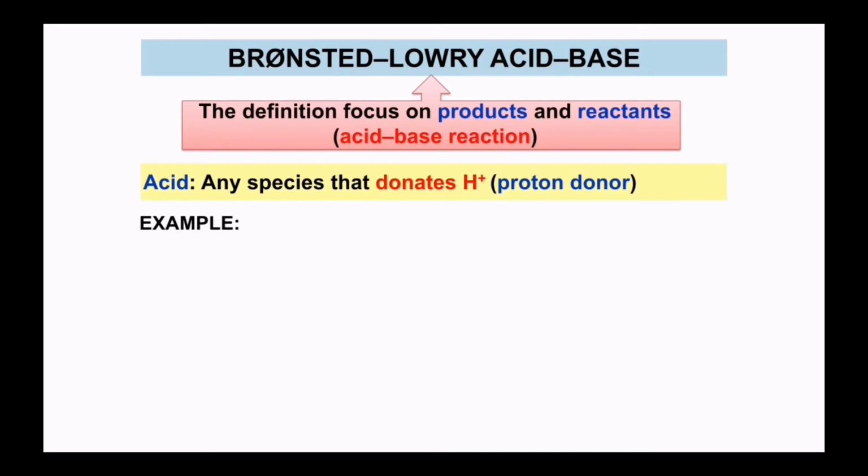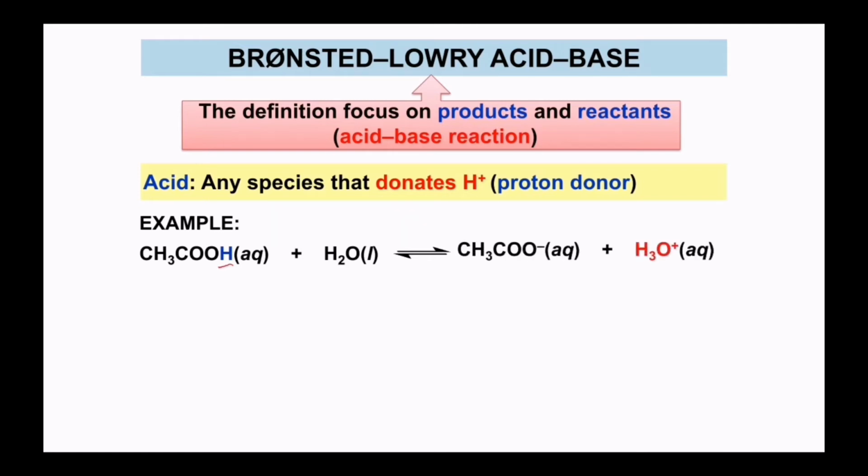For example, we have ethanoic acid. Ethanoic acid, CH3COOH, consists of H in the formula. Therefore, it's going to donate its hydrogen, forming CH3COO- and also H3O plus ions.